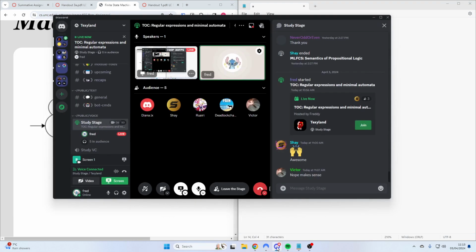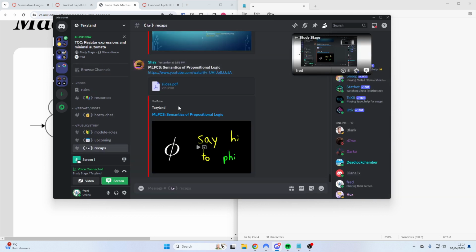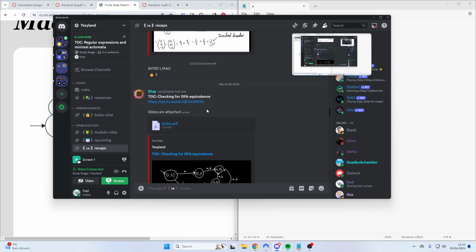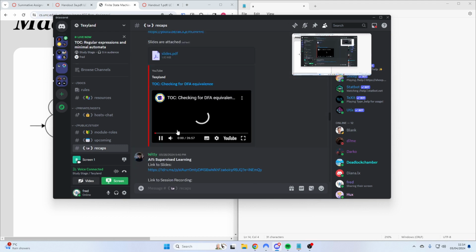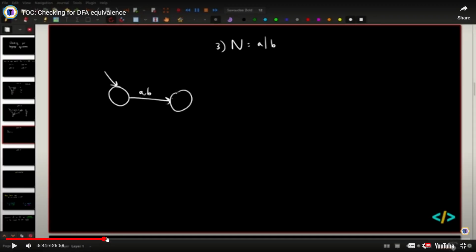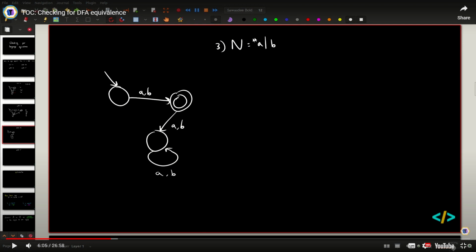So I mean, I don't know how much Shay looked into. I looked a bit at Shay's. So if you want more in regular expressions, probably go look at his recap. I can't remember which one it was. I think you do quite a bit in your checking for DFA equivalents. As you go through, you've got you're doing your regular expressions as well on top.